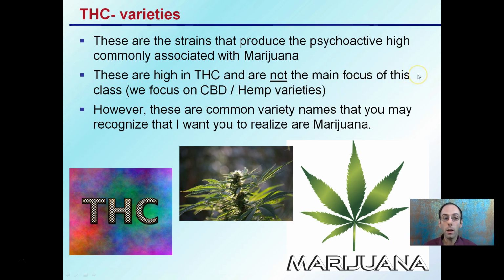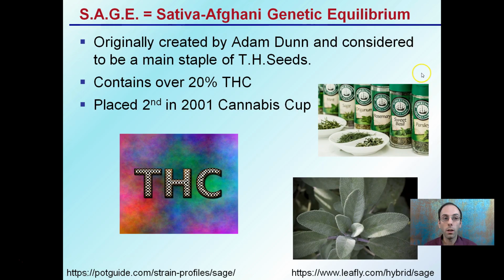However, there are common variety names that you may recognize. I want you to realize what is actually classified as marijuana and what is more of the hemp variety. So S.A.G.E, Sativa Afghan Genetic Equilibrium, is a high THC variety created by Adam Dunn. It is considered to be the main staple of TH Seeds. It contains over 20% THC, so it's a very potent strain.